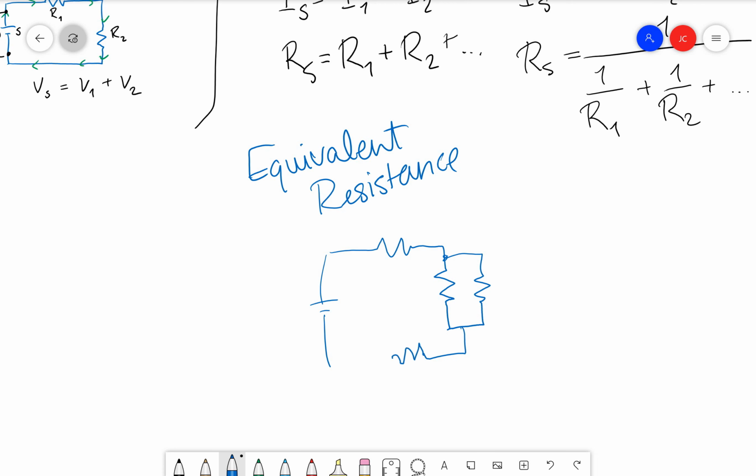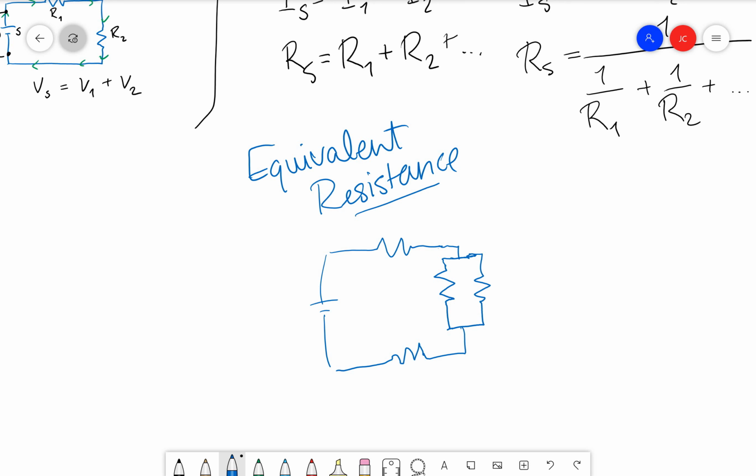So this circuit is complicated. It has 4 resistors in an arrangement with some series and some parallel, and everything's going all over the place. But here's the important concept of equivalent resistance.